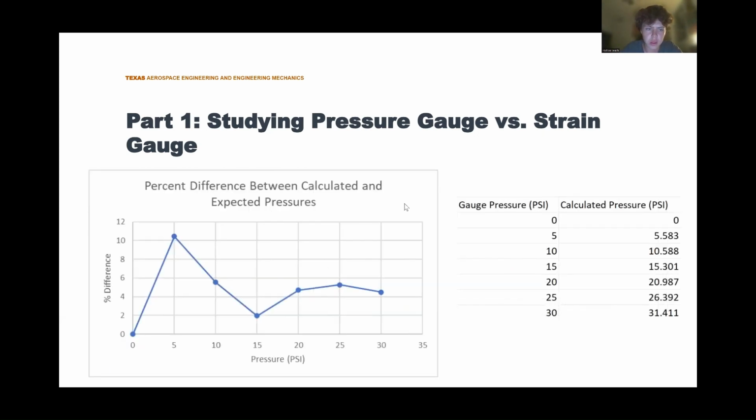If we move on, we can see the difference between the calculated and the expected pressures charted here. We see there's never more than a 10% difference, and that's at 5 psi.